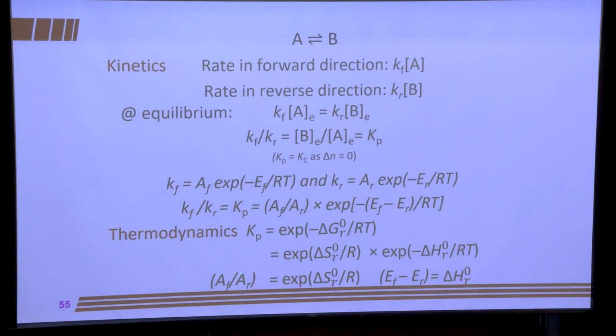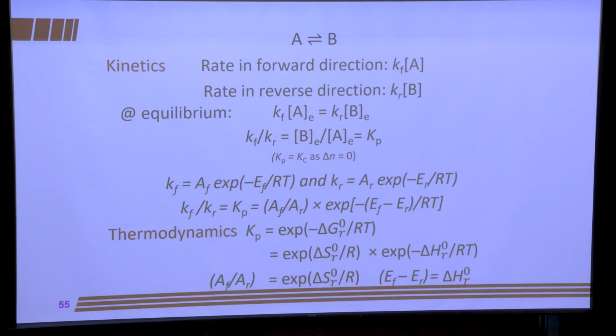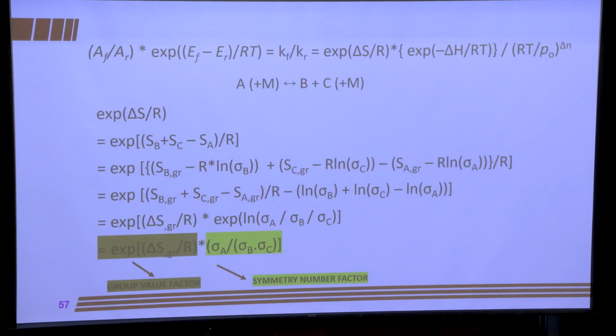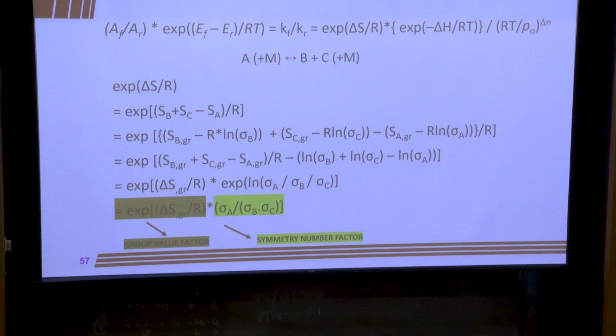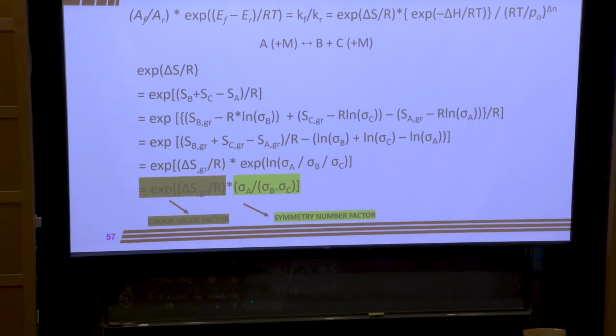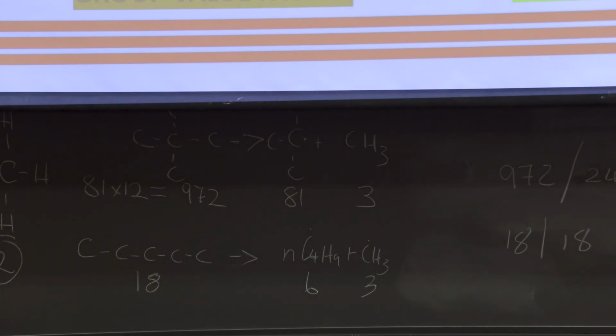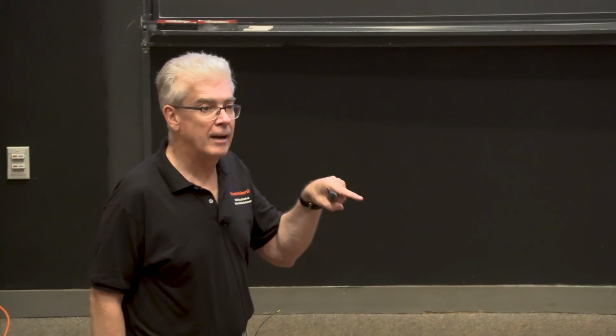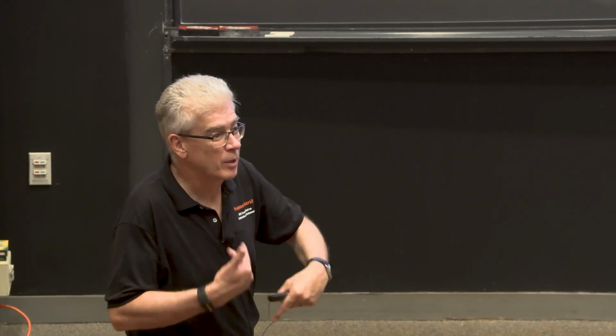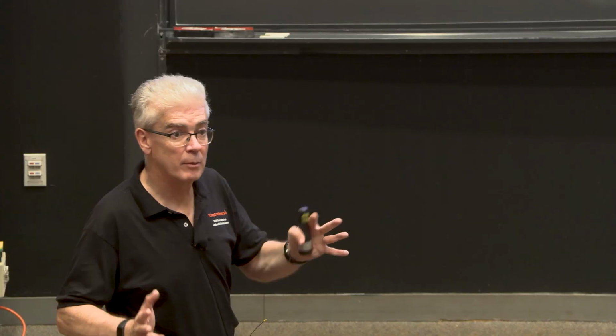A forward is going to be A reverse times the exponent of delta S over R. Okay, so A forward is going to be A reverse 10 to the 13 times the exponent of delta S over R. But the delta S that I calculate in this case is 4 times bigger than the delta S I calculate in this case, assuming that the group contributions are about the same. So let's just assume that. Okay? There won't be, but like hand waving, they're about the same.